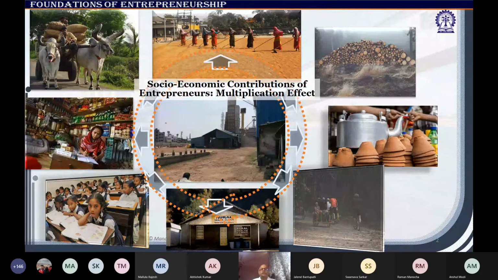Now, suppose three of you decided that after graduation, let us not look for a job. Let us try to do something for the rural people, or maybe let us be our own boss. Then you arrive in a village and you see that there is a lot of agricultural produce, but the condition of the villagers is poor all the same. They never improve because of many reasons.